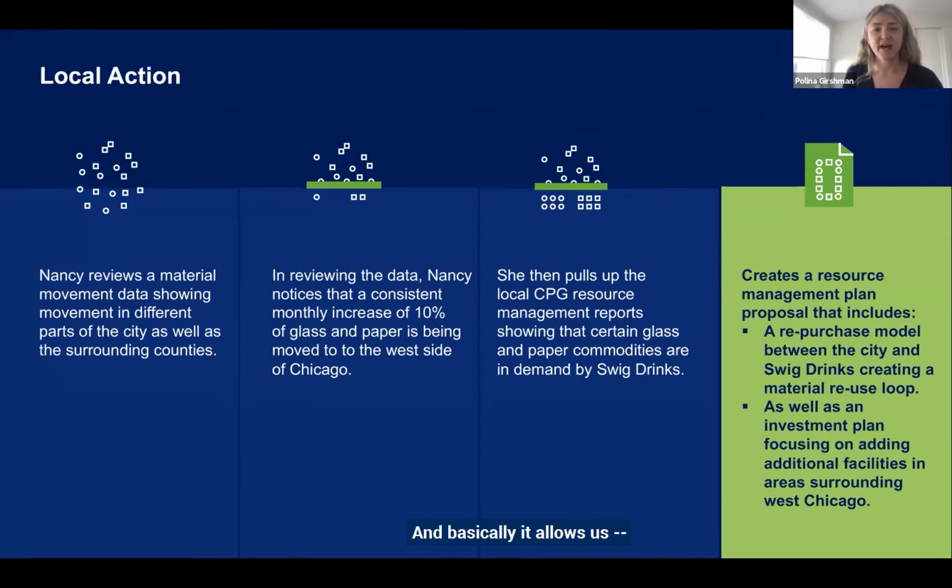And basically it allows her and Swig to understand how much of the material they sell into a particular region or area, and how much of that material would be available for reprocessing to make into new packaging material. And then lastly, she's also able to put together an investment plan focusing on adding additional facilities in areas around Chicago, which also brings us to another goal that she has, which is around job creation.